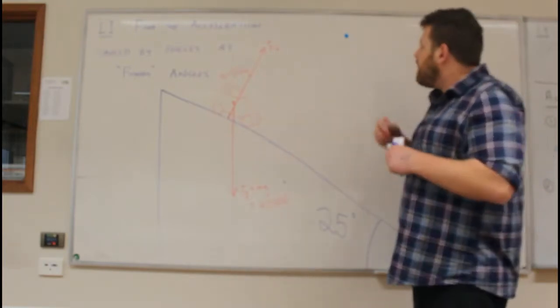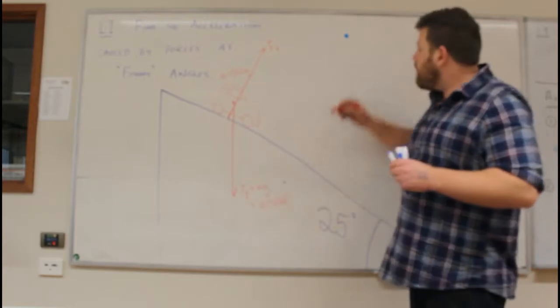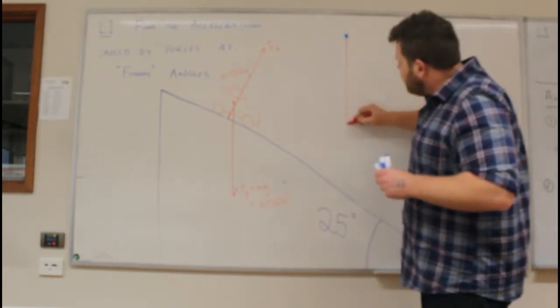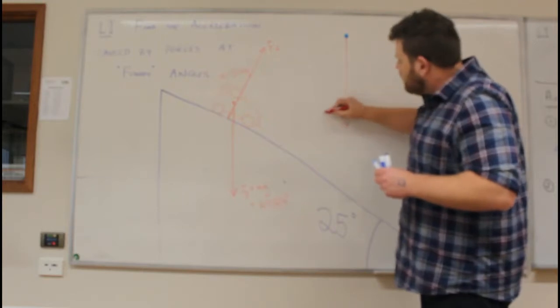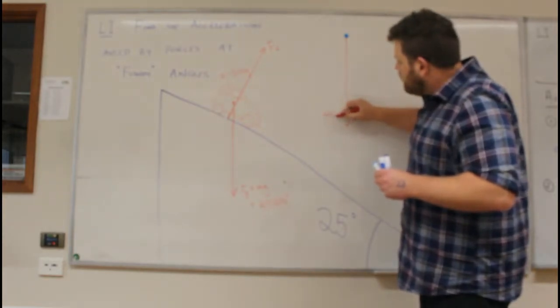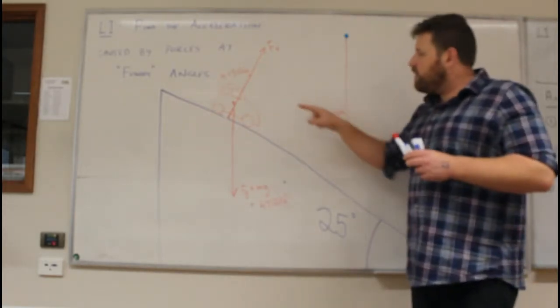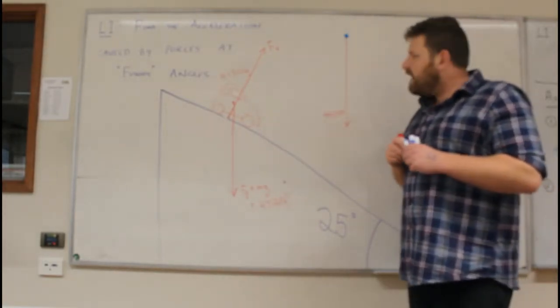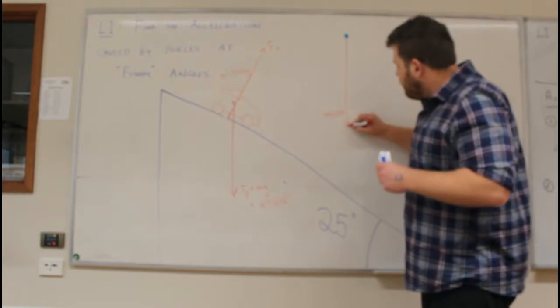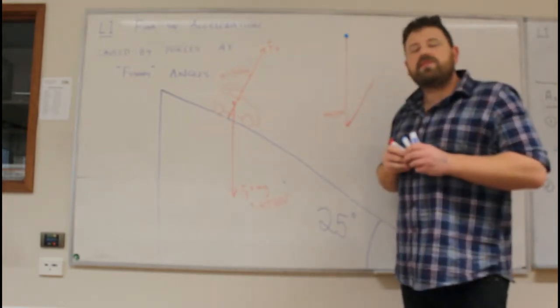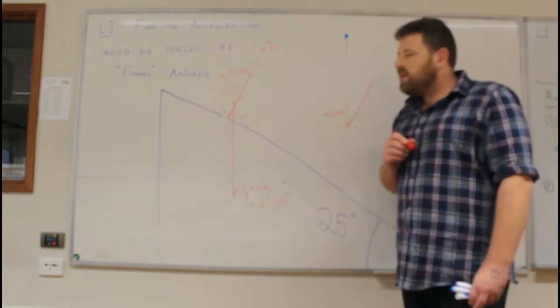So let's start with gravity because that's the one we know the strength of. So that's 4,900 newtons downwards. And then now we're going to put the normal force in, and I'm going to put that pointing upwards like this. There's a couple of things we do and don't know about that normal force.